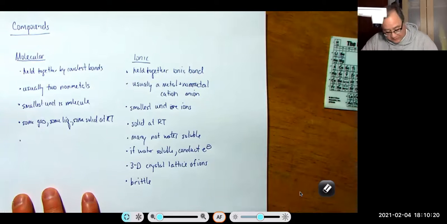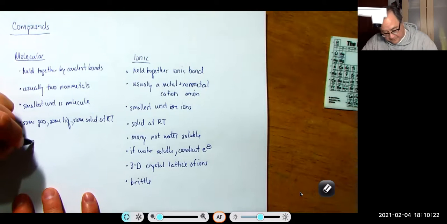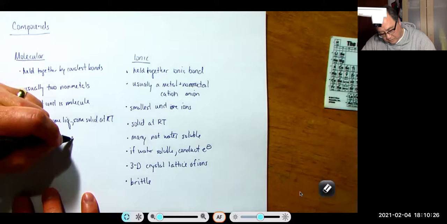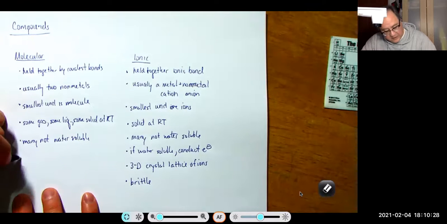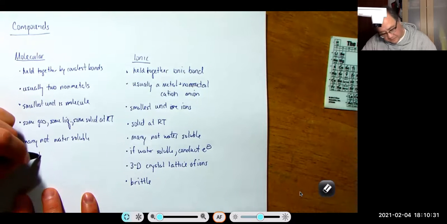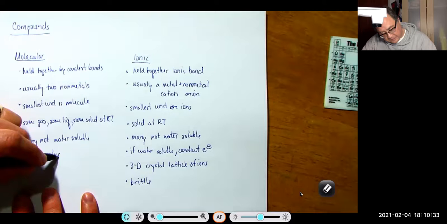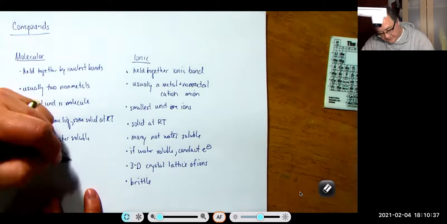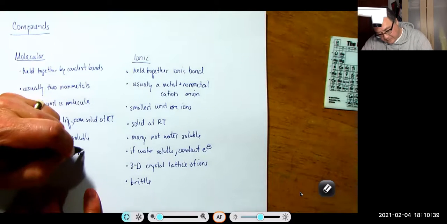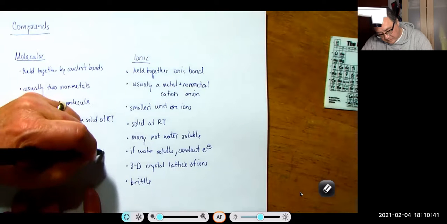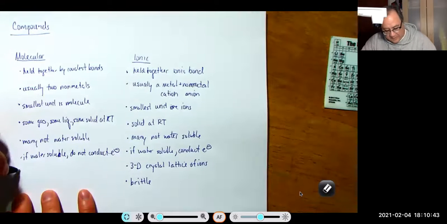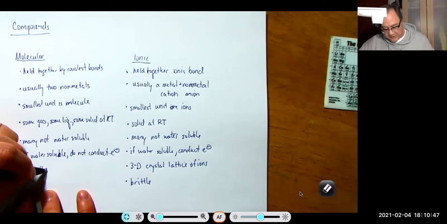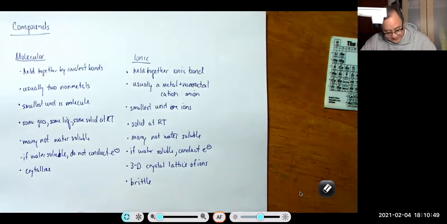Many are not water soluble. If water soluble, they tend to not conduct electricity. Many of them are crystalline, but it's not a three-dimensional crystal lattice.